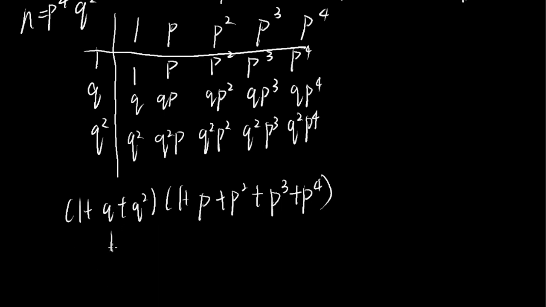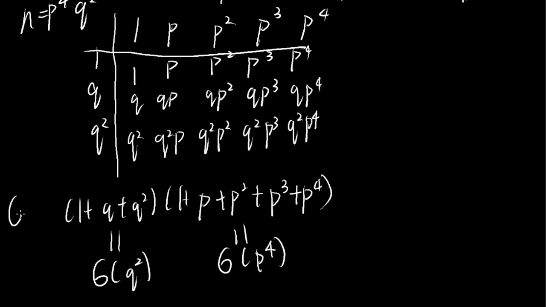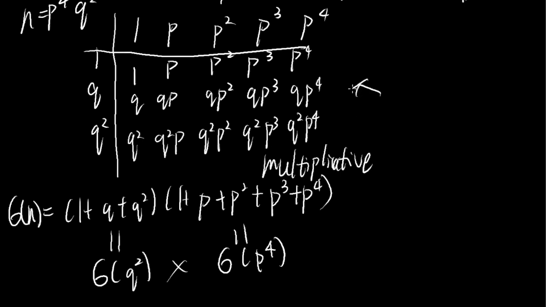That's essentially the sum of divisors of q square, and this is the sum of divisors of p to the power of 4. And essentially you can try to generalize this and write down the multiplicative proof, and the insight is you can see this form. Yeah, very clear.